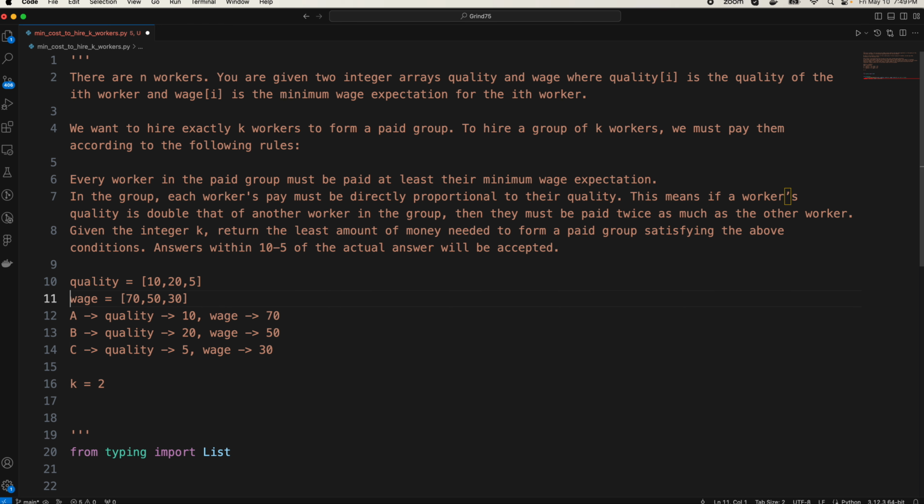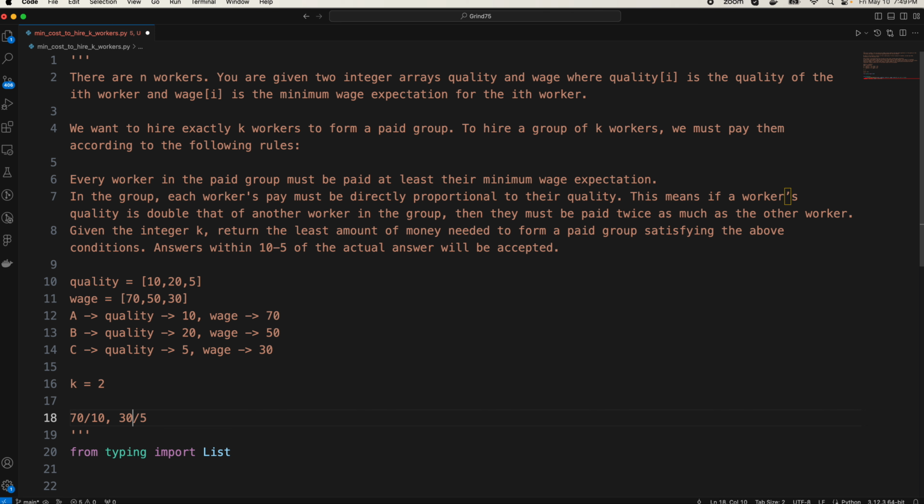For example, if I select worker A and worker C, the minimum wage I have to pay is, for A it is 70 over 10 and for C it is 30 over 5.